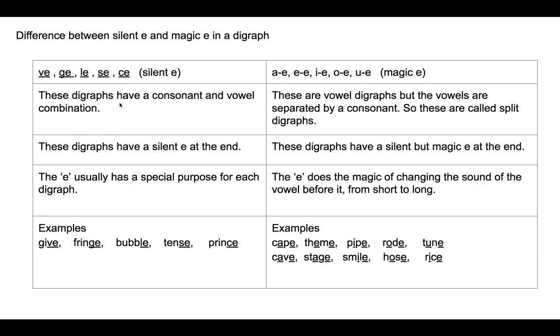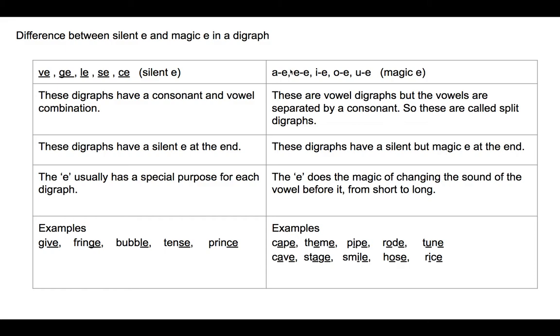These are digraphs that have a consonant and vowel combination, and these are vowel digraphs, which means there are two vowels in the digraph, but the vowels are separated by a consonant, and so these are called split digraphs. These digraphs have a silent E at the end, and these digraphs have a magic E at the end.